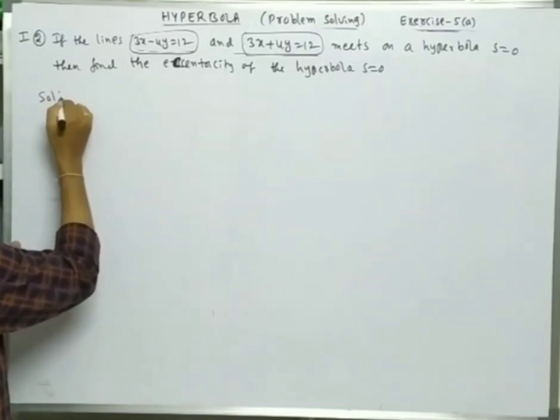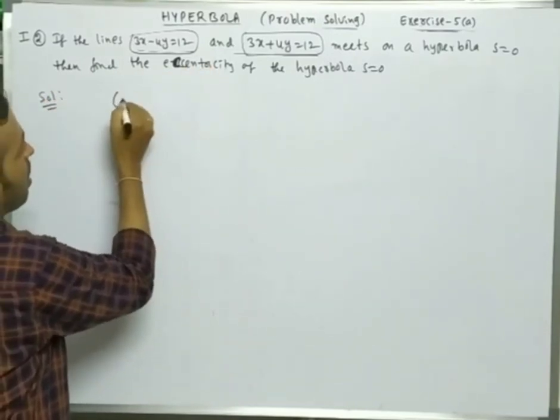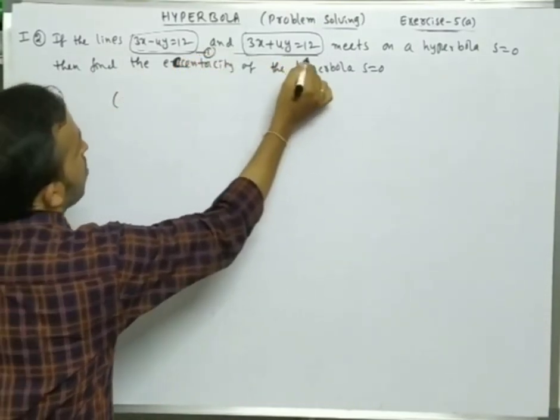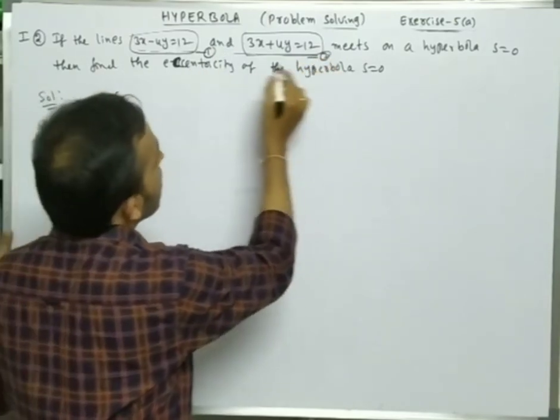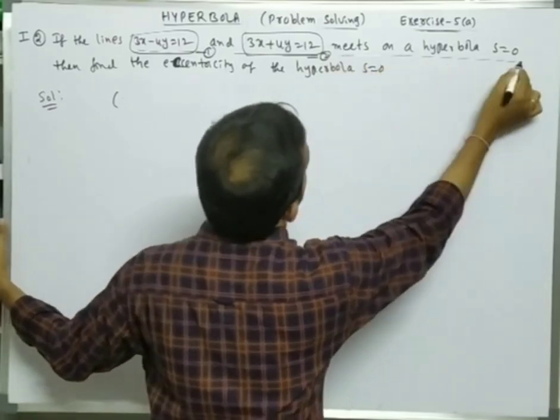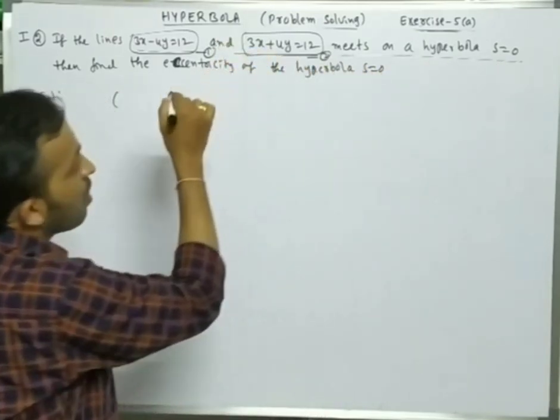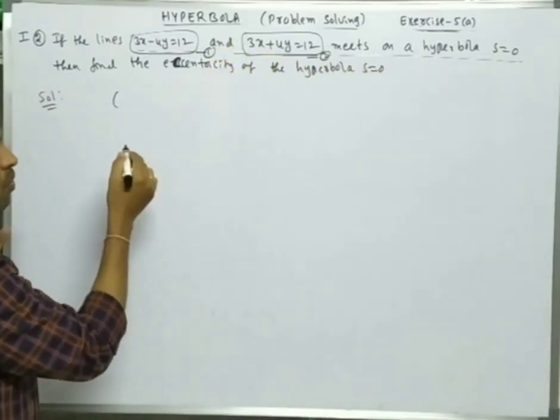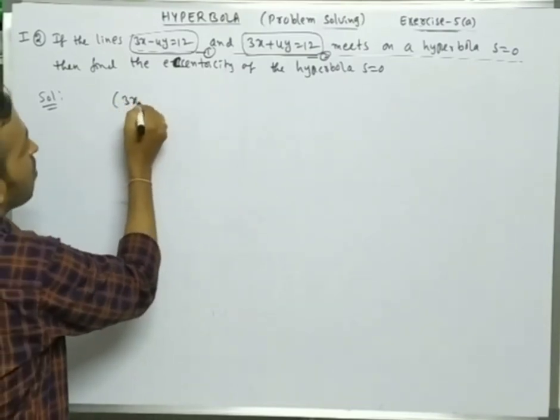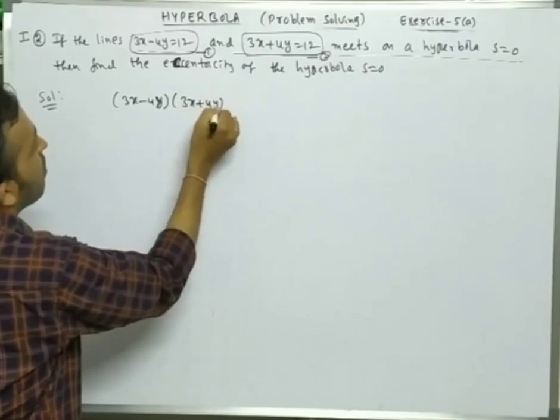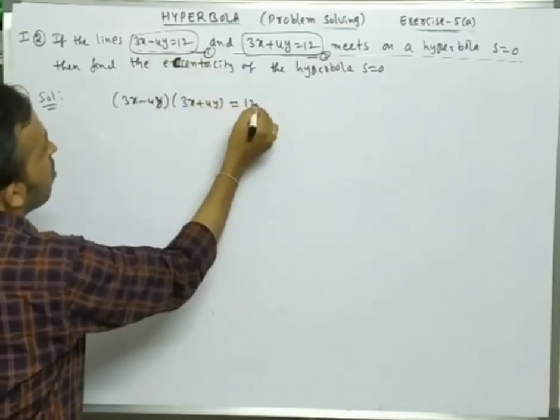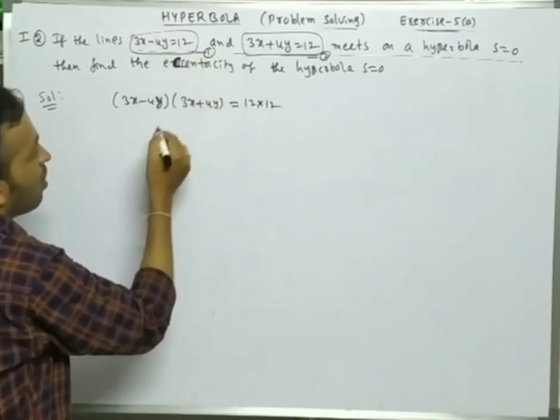Combined equation means multiply 1 and 2, given that these two meet on a hyperbola. So I am going to find the combined equation, that is 3x minus 4y into 3x plus 4y on the left-hand side, equal to 12 into 12 on the right-hand side.